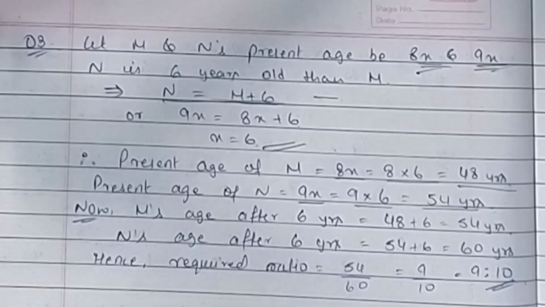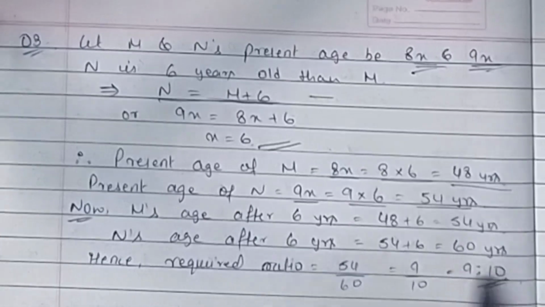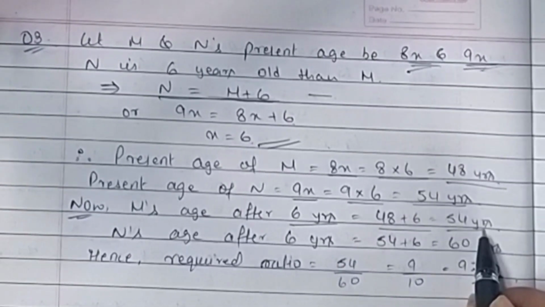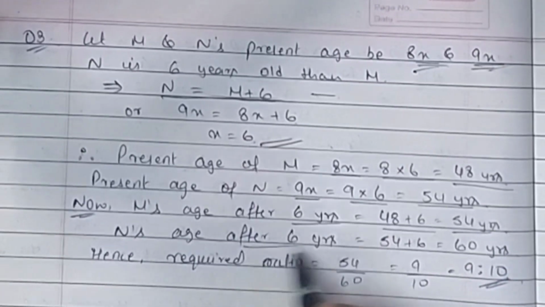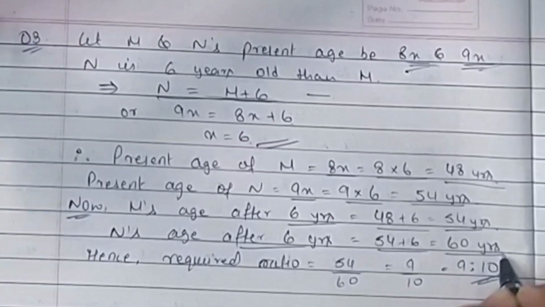Now according to the question, we have to find the ratio between m and n after 6 years. So to find it, we have to find the ages of m and n after 6 years. m's age after 6 years will be 48 plus 6, which is 54 years, and n's age after 6 years will be 54 plus 6, which is 60 years.